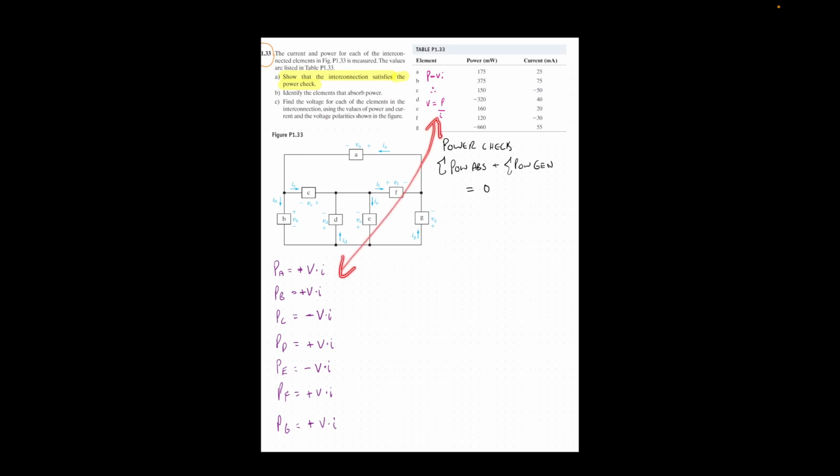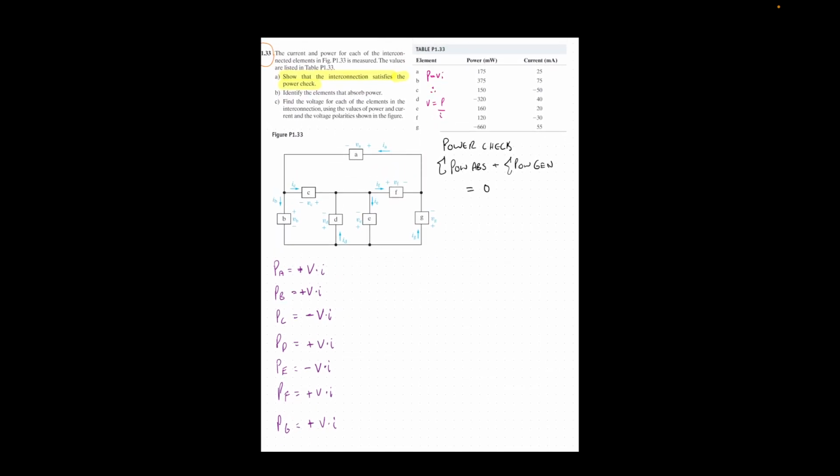So, keeping in mind our same passive sign convention, we need to solve for the value V to satisfy this interconnection. Alright, let's do that in another color as well.